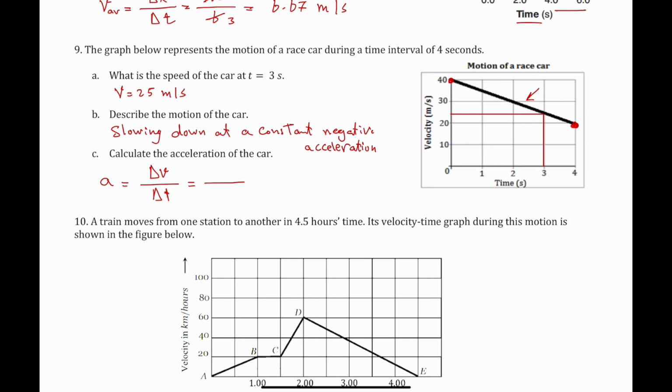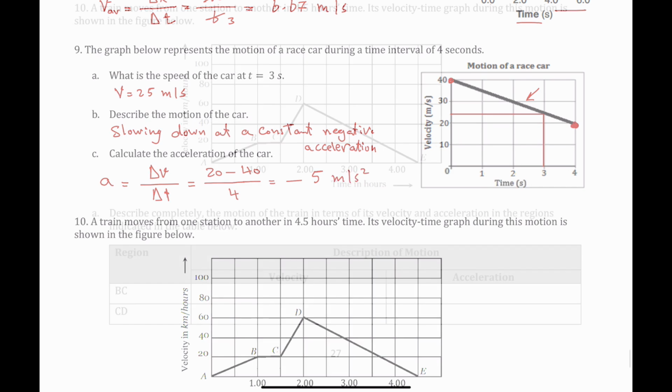Here we have 20, which is V final, minus 40, which is the initial velocity, over the difference in time, which is 4 minus 0, so it's 4. So we'll get negative 5 meters per second squared.